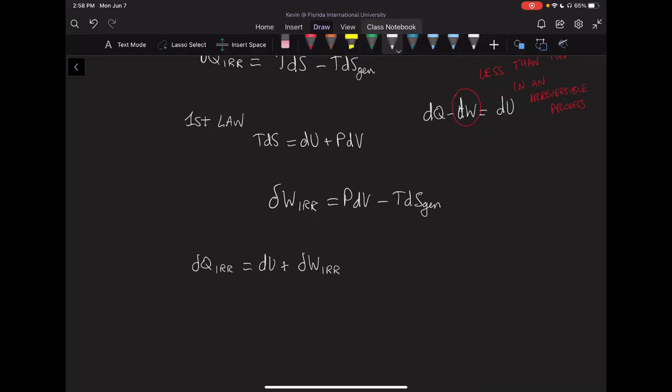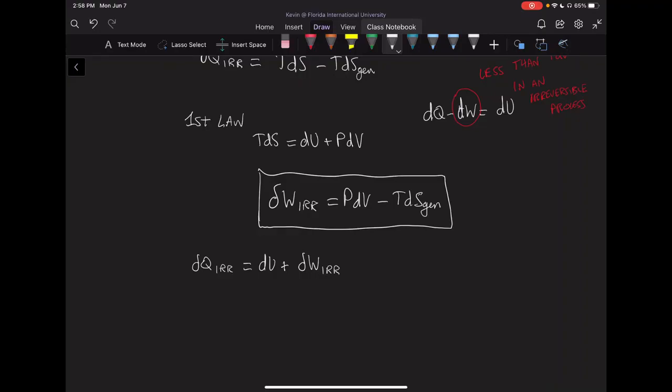And if we have this irreversible process, we now have to plug in our equation for dW irreversible, which is equal to pdV minus whatever is used to generate some entropy by the losses. So essentially the losses are how the entropy is being generated.